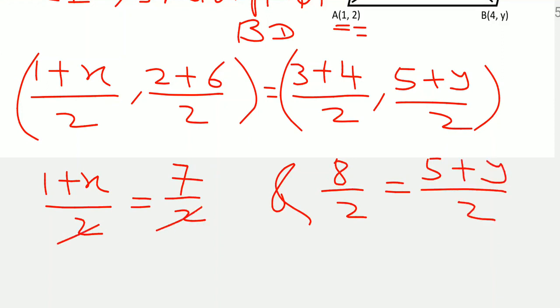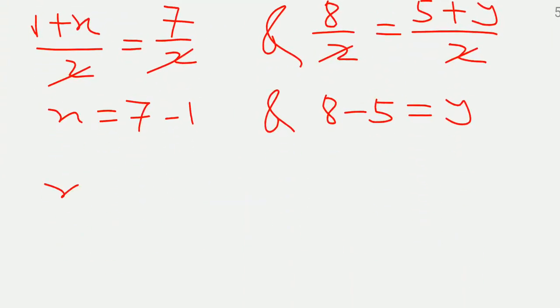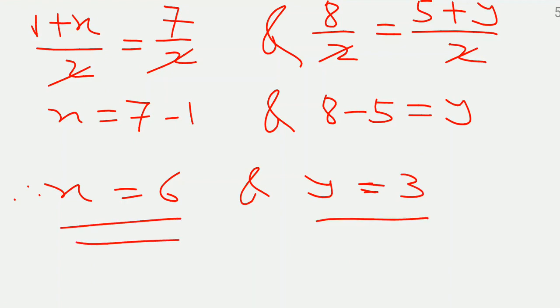Now 2 and 2 cancelled. This 1 which is plus here will go that side. So x is equal to 7 minus 1, and this side 2 and 2 is cancelled. 5 will come this side. 8 minus 5 is equal to y. So finally I get x equal to 6 and y equal to 3. Correct? So I got the value of x and y.